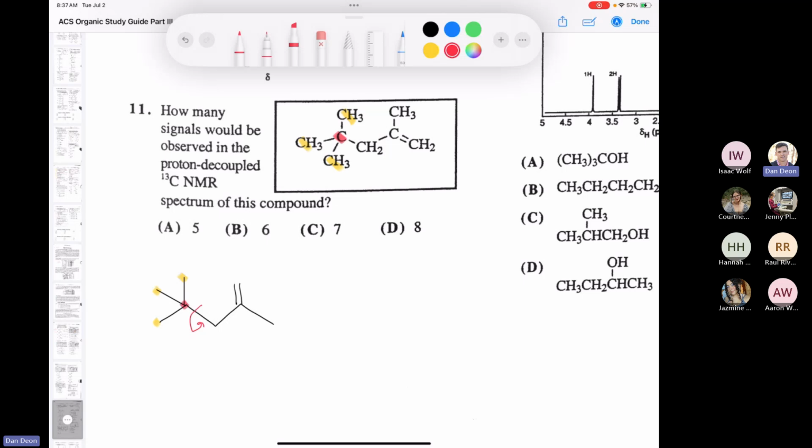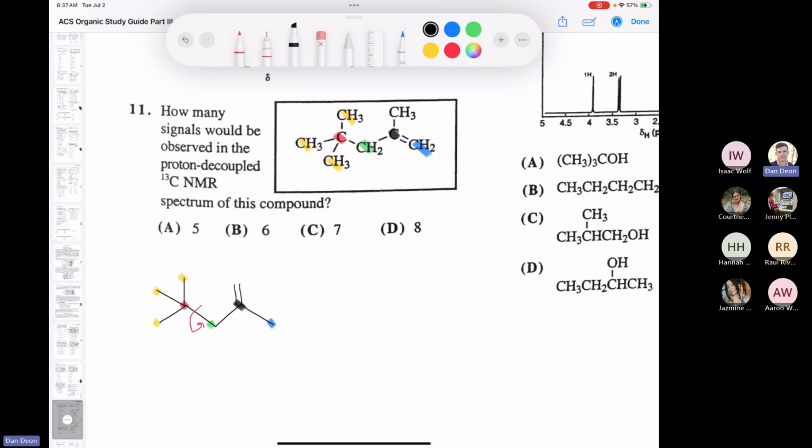There's no other carbon like it. Then we have this methylene, which is sp3 hybridized, which is unique because there is another methylene, but that one is sp2 hybridized. Then we have a carbon that has no hydrogens attached but is sp2 hybridized.